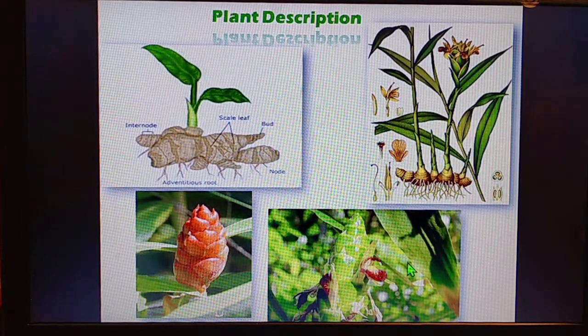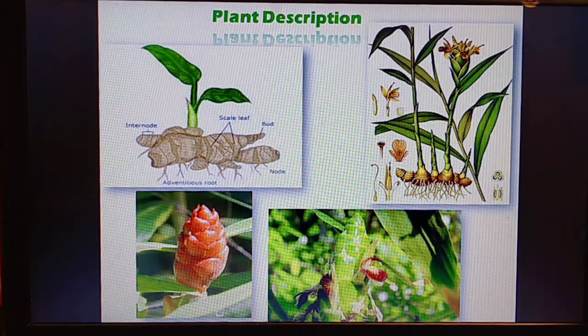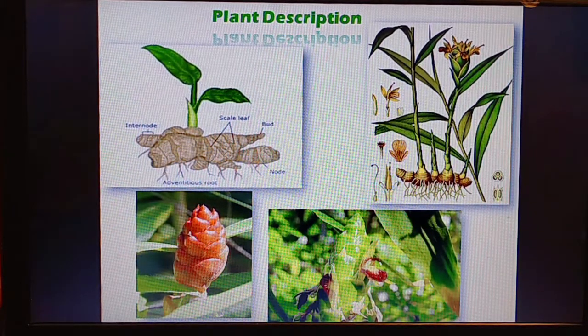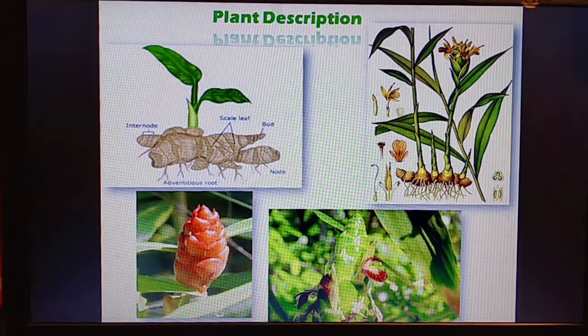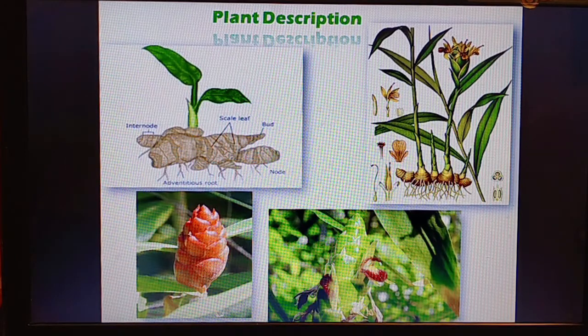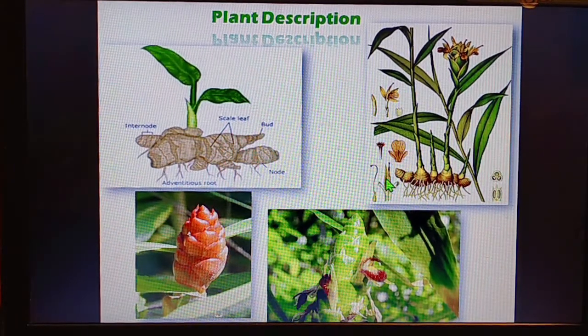The petaloid staminode is sterile, an abortive stamen which does not produce any pollen, and it is stamen-like. That is why it is called a staminode. That means only one out of these 6 stamens is fertile.